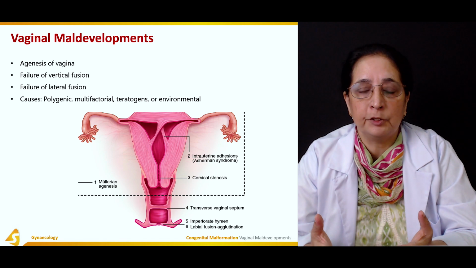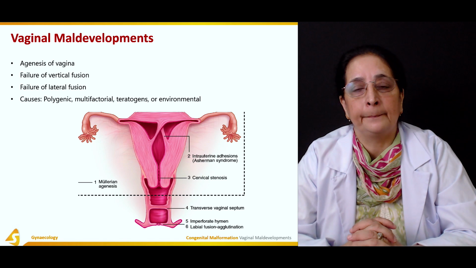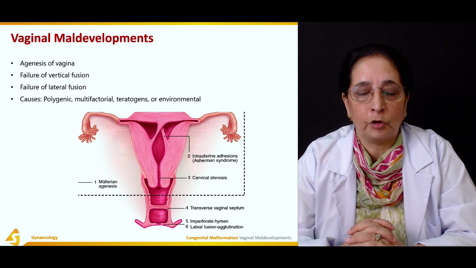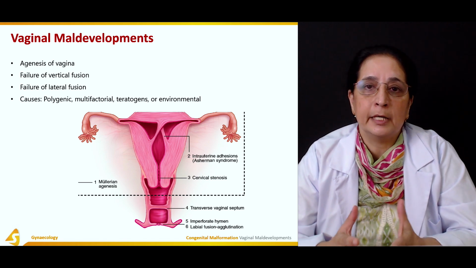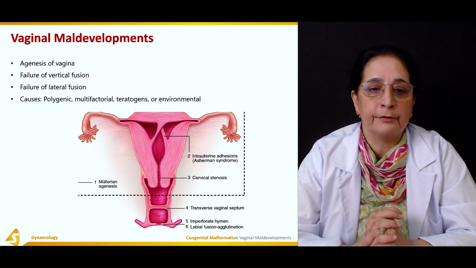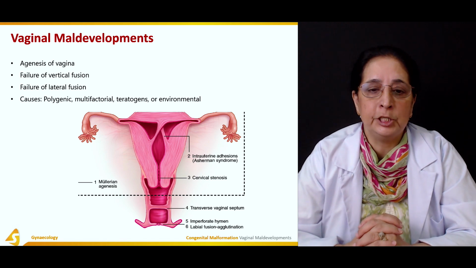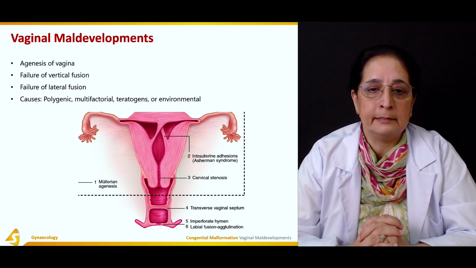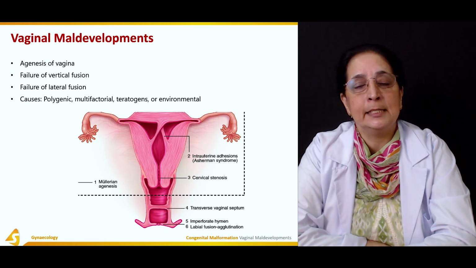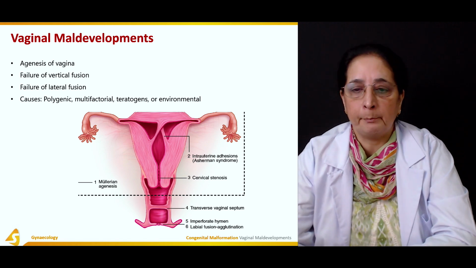Different drugs can be teratogenic or cause abnormalities like DES, diethylstilbestrol, which has a teratogenic effect and was used as an abortifacient. There are also some environmental factors, and there might be congenital, hereditary, or genetic factors. All these can lead to vaginal maldevelopment.